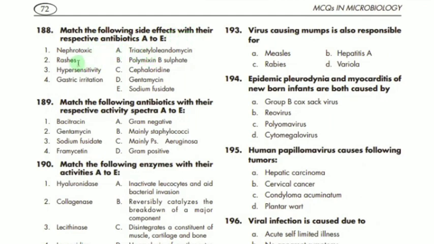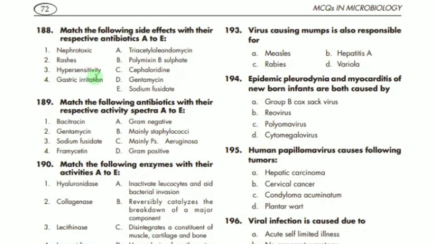Then we have the 188th MCQ, which says match the following side effect with their respective antibiotics. For example, we have nephrotoxic. This nephrotoxicity is caused by polymyxin B sulfate. Rashes are caused by cephaloridine. Yes, C is the correct option. Then, third, hypersensitivity.